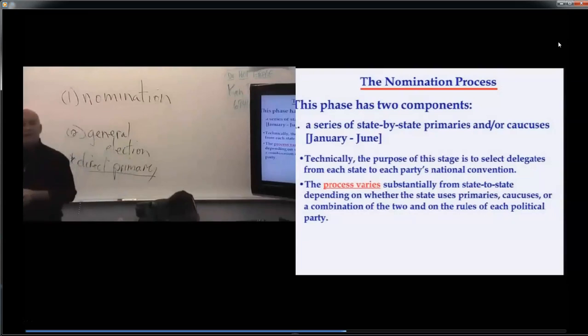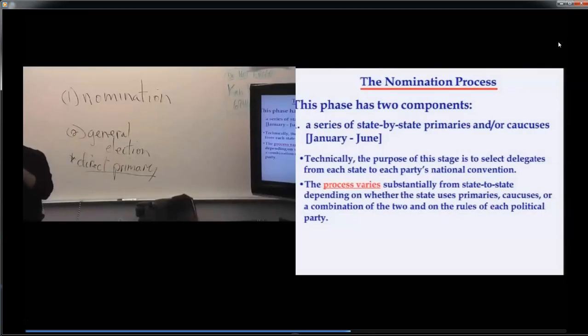So it's very difficult to generalize about this process because of these variations. The way that the process works in the Democratic Party is not the same as the way that it works in the Republican Party. And the way that it will work in 2016 is not going to be identical to the way that it worked in 2012, which was not identical to the way that it worked in 2008 and 2004 and so on as we go back in time.